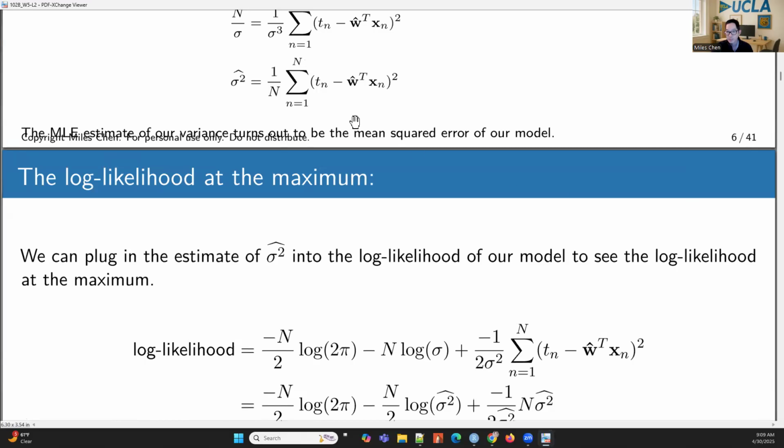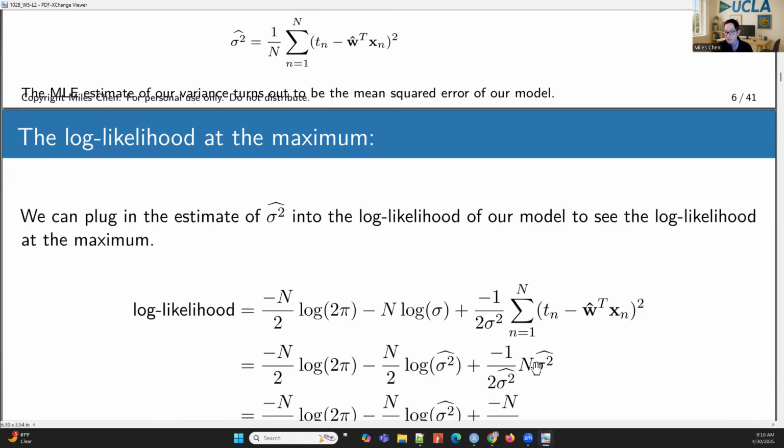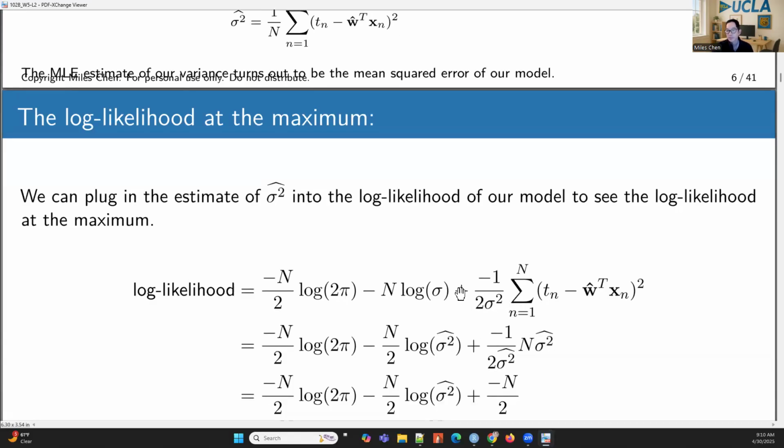Knowing that sigma squared is equal to this, I can replace our sum of squared errors with n times sigma hat squared.